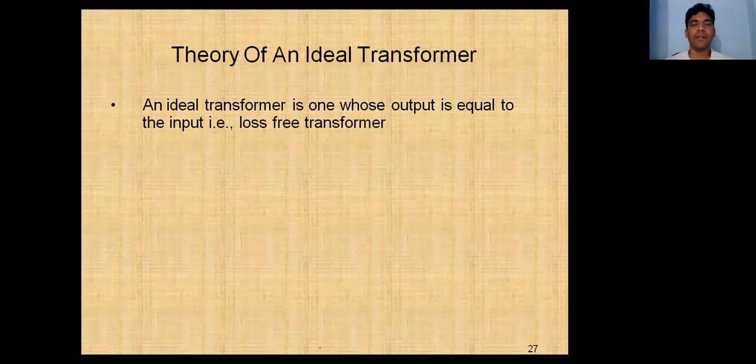An ideal transformer is one whose output is equal to the input, that is, a loss-free transformer.